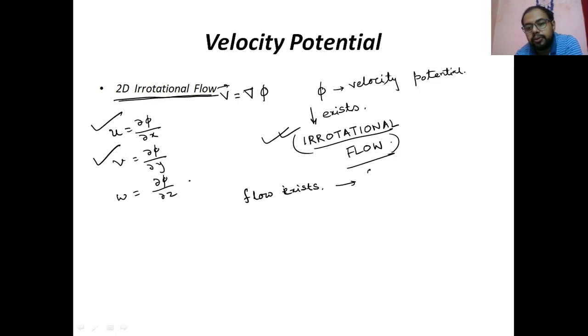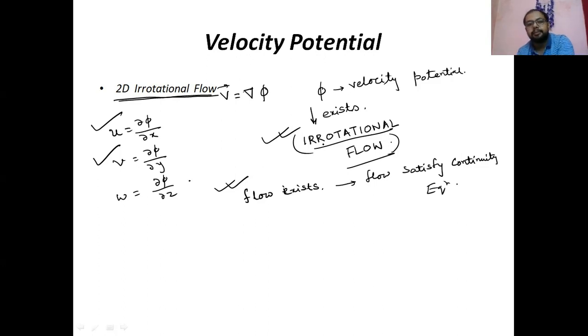If the flow satisfies the continuity equation, then only we can say the flow exists. Otherwise, there is no meaning of the flow. If the flow does not satisfy the continuity equation, the flow does not exist.